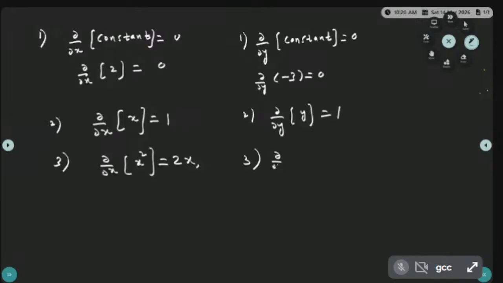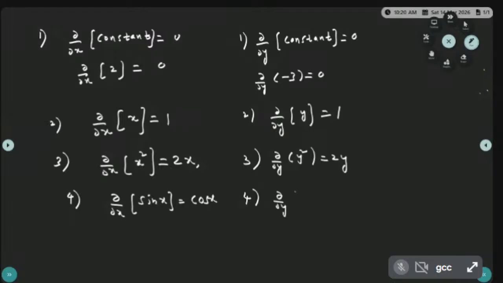Dou by dou y of y square. Tell me. 2y. Dou by dou x of sin x cos x. Dou by dou y of sin y cos y. Dou by dou x of e power x.